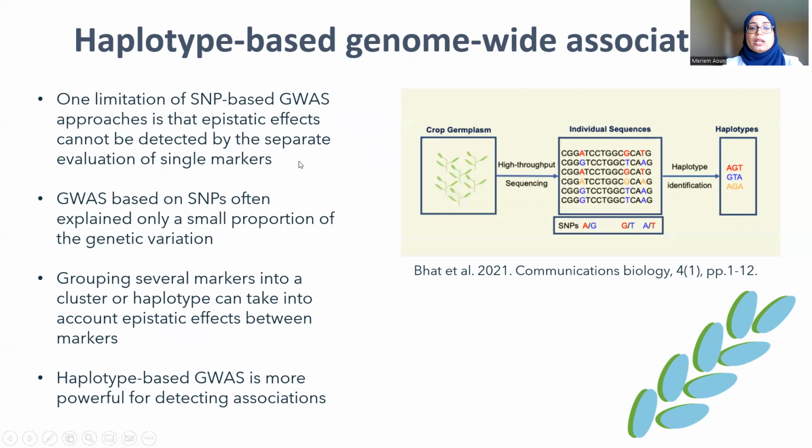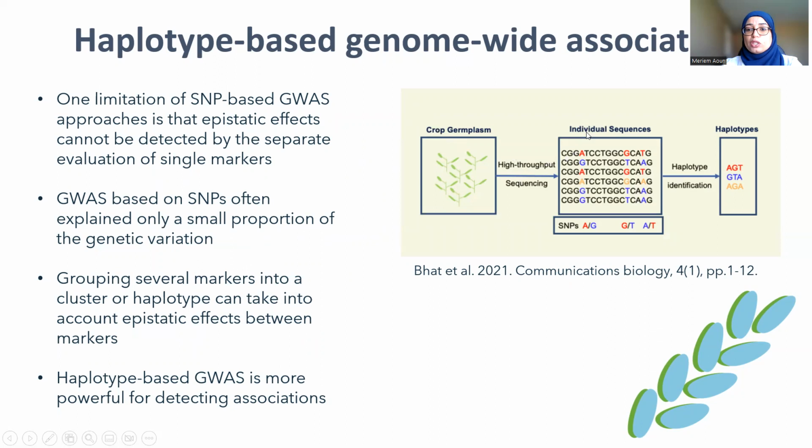And this will lead to a small proportion of the genetic variance that will be explained by the significant markers. So that's why haplotype-based GWAS, which accounts for epistasis between the markers, was proposed to improve the power of detection.